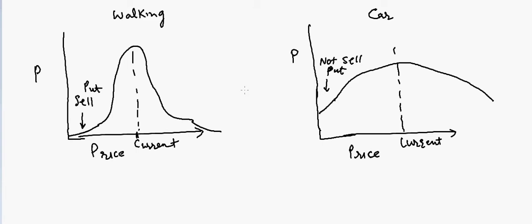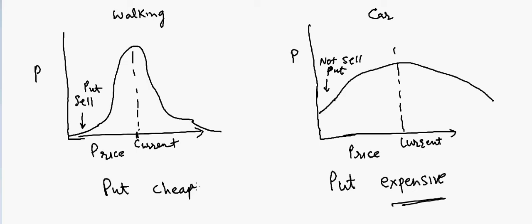You may want to sell a put because you will get a higher premium, since the likelihood of the stock reaching this point is much higher. So puts are expensive here, and puts here will be cheaper. So this is how volatility will make the option price change, and the same case also applies for the call.